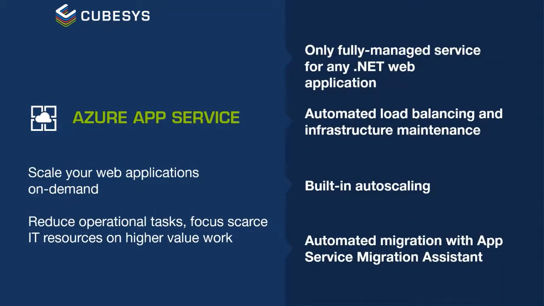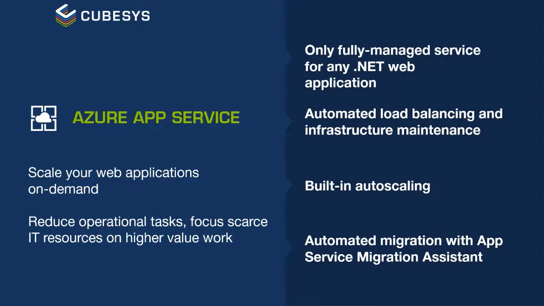So with app service, just to go into a little bit more detail on some of those more common projects, an app service is an ability to scale your web app, more or less on demand. You might take, for example, a web server that's running a .NET website or a .NET application, and deliver that into an app service with very little effort, keeping in mind your identity, your security, and your network connectivity. It's then automated for the load balancing.